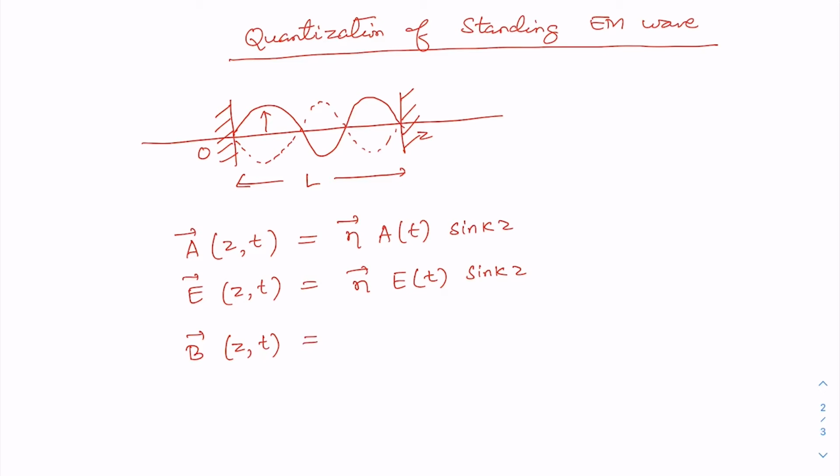to curl of A, so you can immediately see that it would be k cross eta A(t) cos kz.